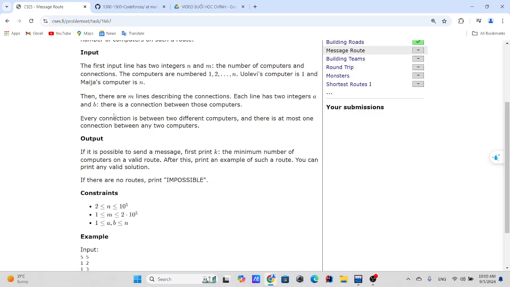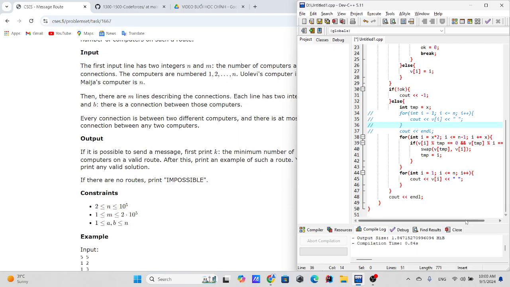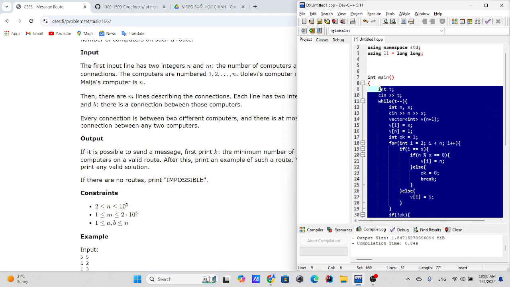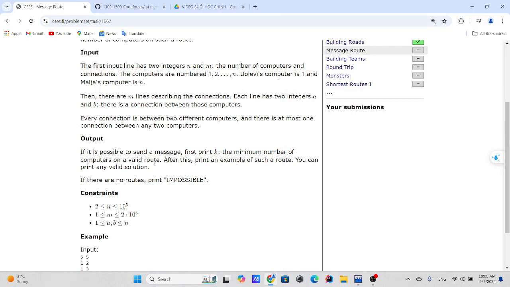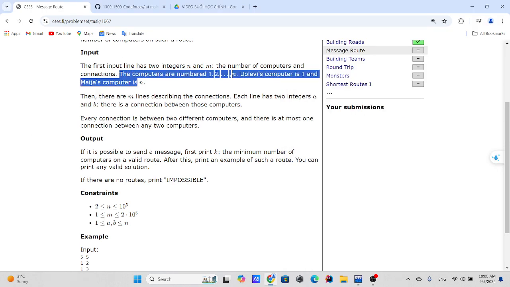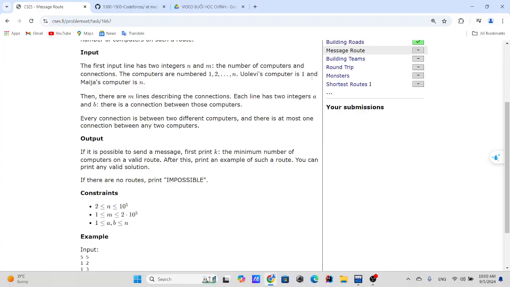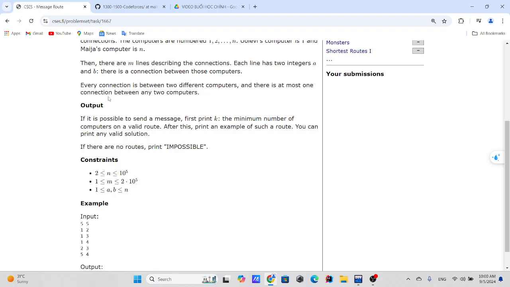So it's a number of computers and connections. All right, let's read n and m. The computers are numbered from 1 to n, and Maija's computer is n. Uolevi's computer is 1. There are m lines describing the connections.